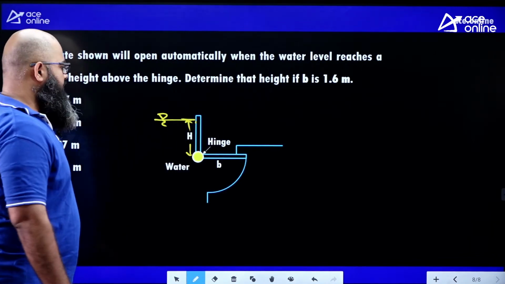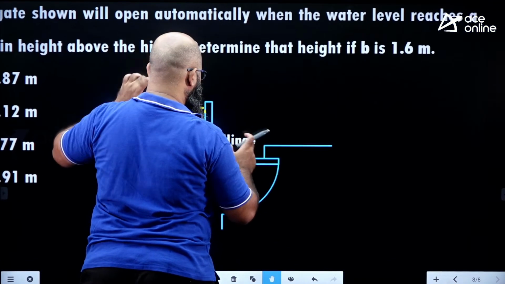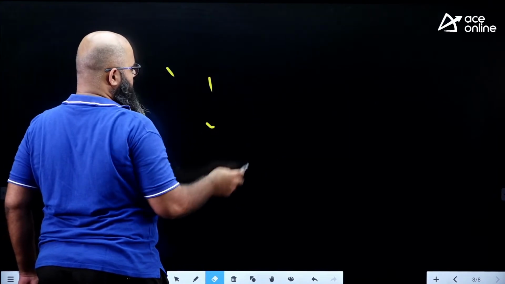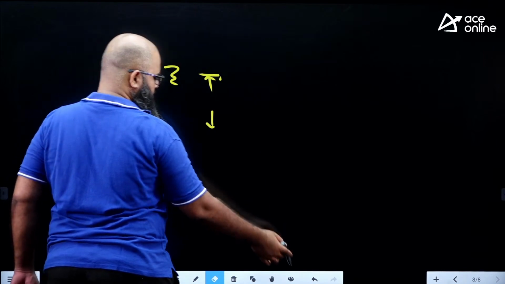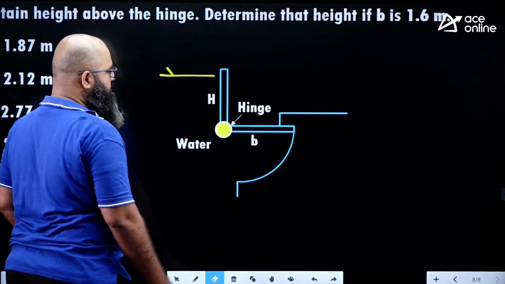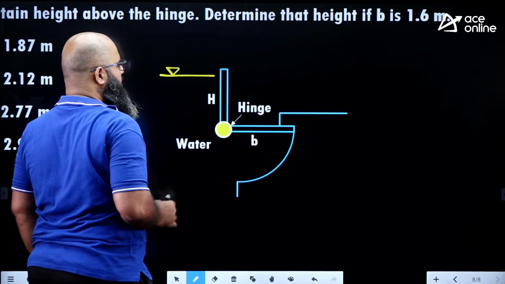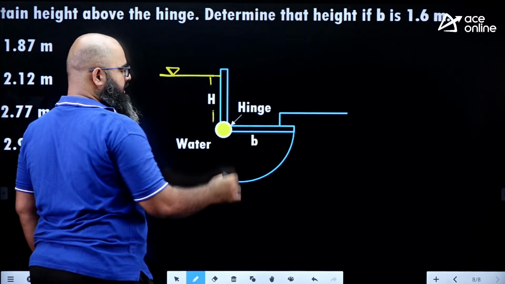In this diagram, this is the water level, this is the height h, and this is b.